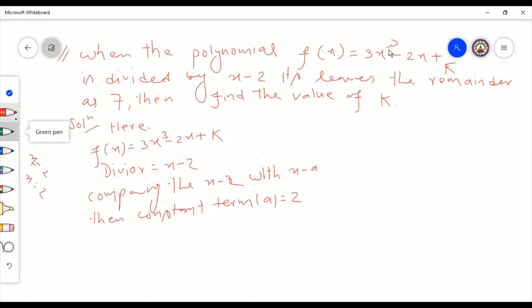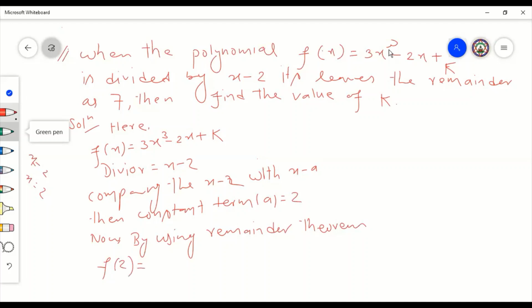Now if we substitute the value, by using the remainder theorem, f(2) equals its remainder.